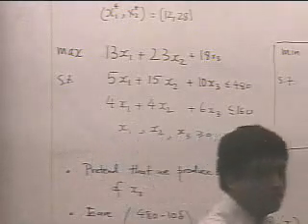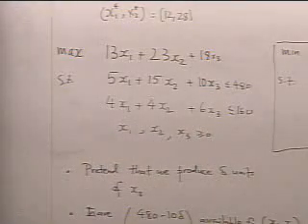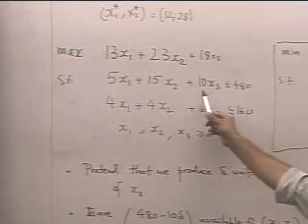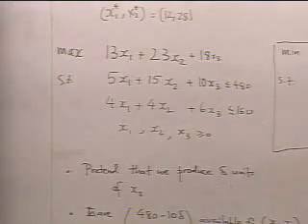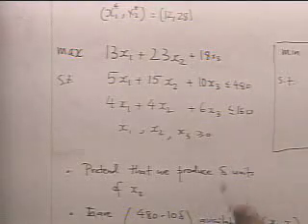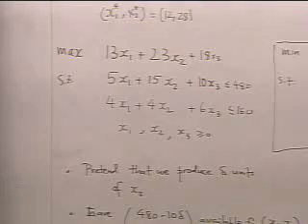If I produce a small amount of x3, it will use up my resources. Every unit of x3 uses up 10 units of corn and 6 units of hops. So delta would use up 10 delta units of corn and 6 delta units of hops.